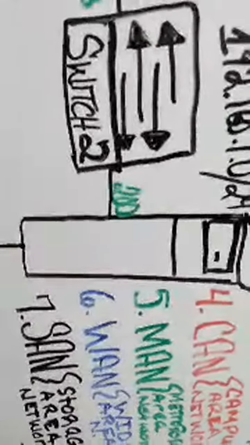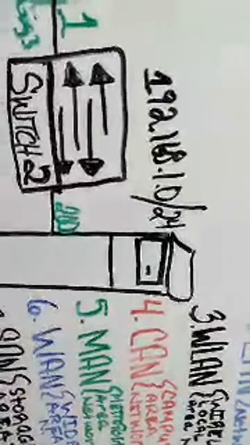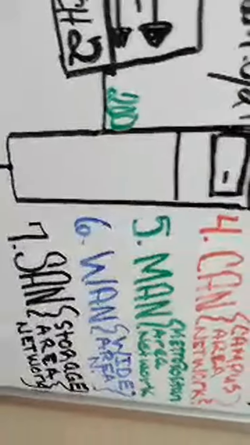And WAN, Wide Area Network, is a large network of data information that is not tied to a single location. So that's more global.